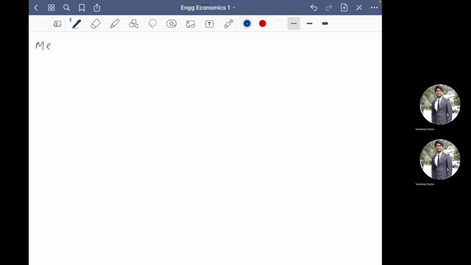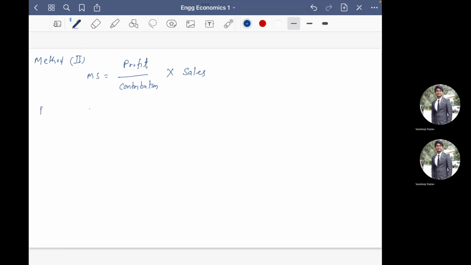Now let's move on to method 2. From another method, MS will be profit divided by contribution into sales. Now we have to calculate the profit. What is the profit? Profit is sales minus total cost.